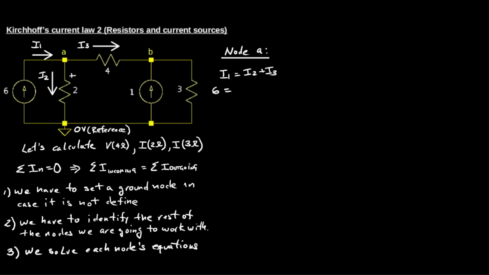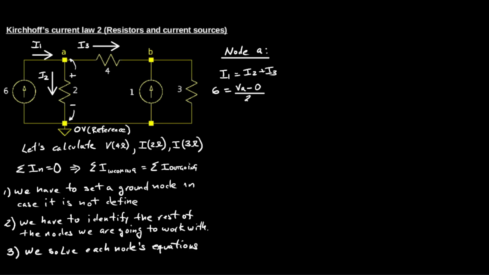So in node A, according to Kirchhoff current law, as the incoming current is I1 and I2 and I3 are outgoing currents, I have that I1 equals I2 plus I3.